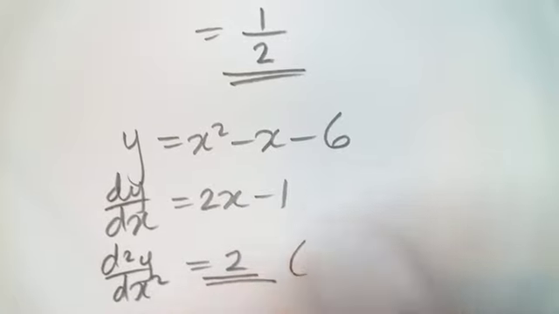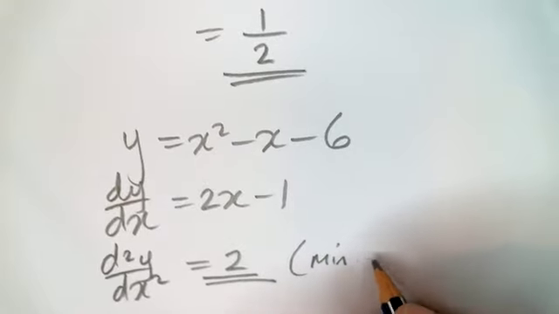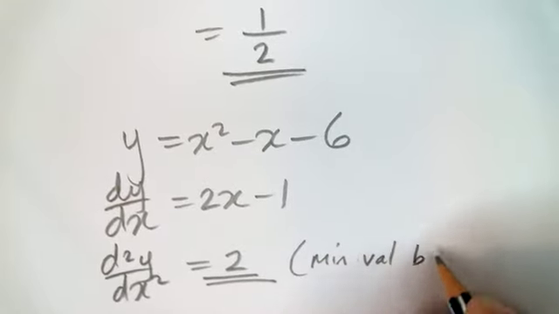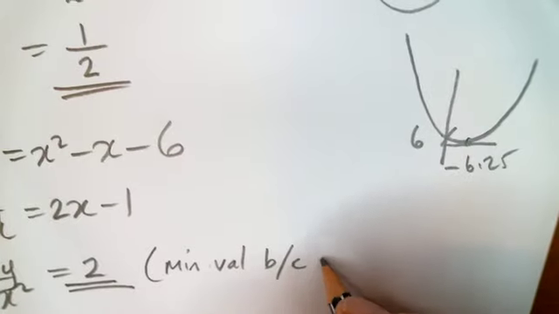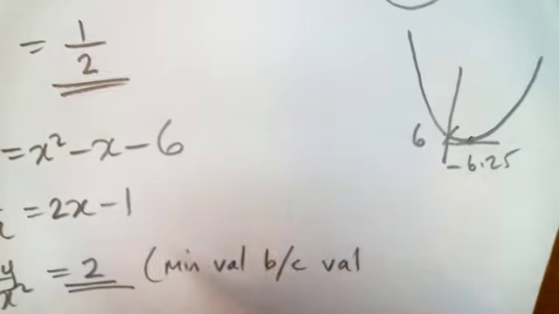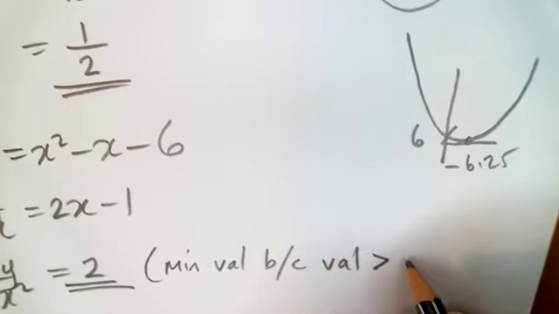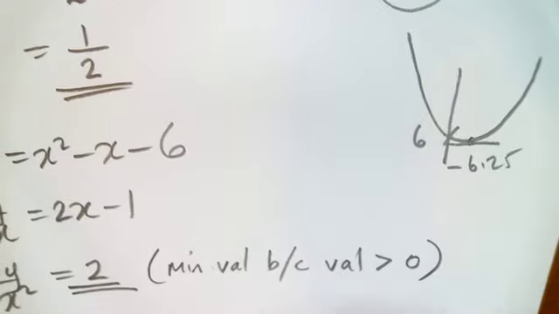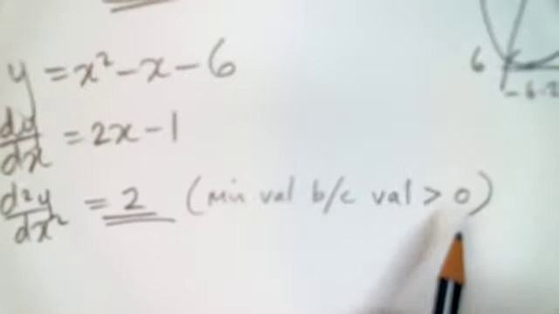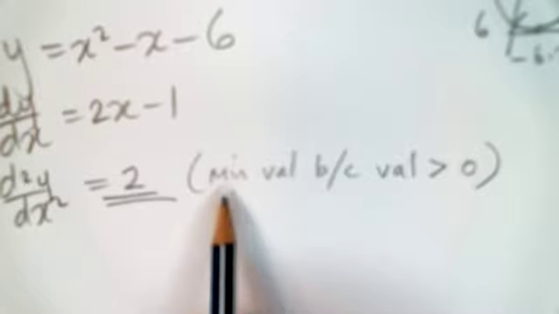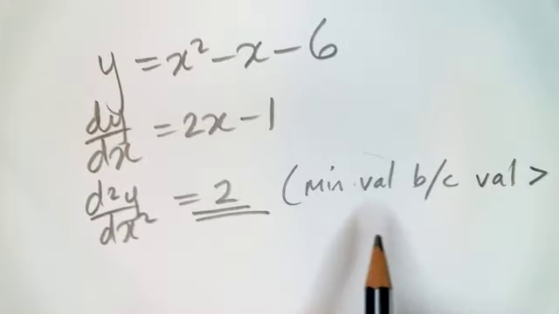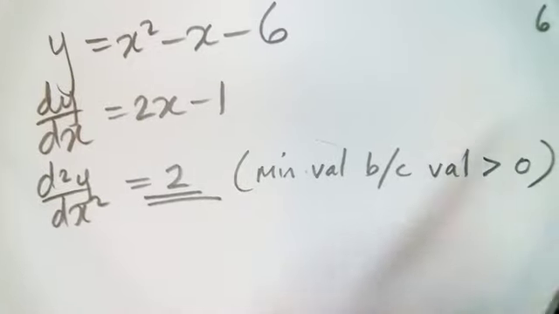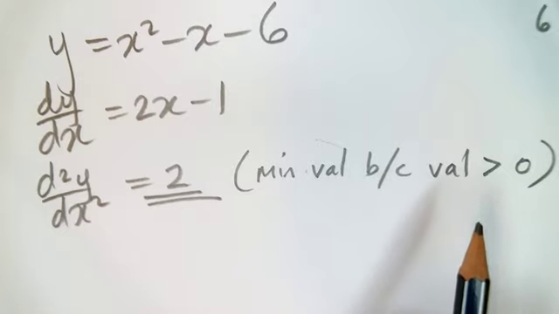What matters is that this is in fact a minimum value, because the value is greater than 0. If the value was less than 0, it would be a maximum. And if the value was equal to 0, it would be what we call a point of inflection.